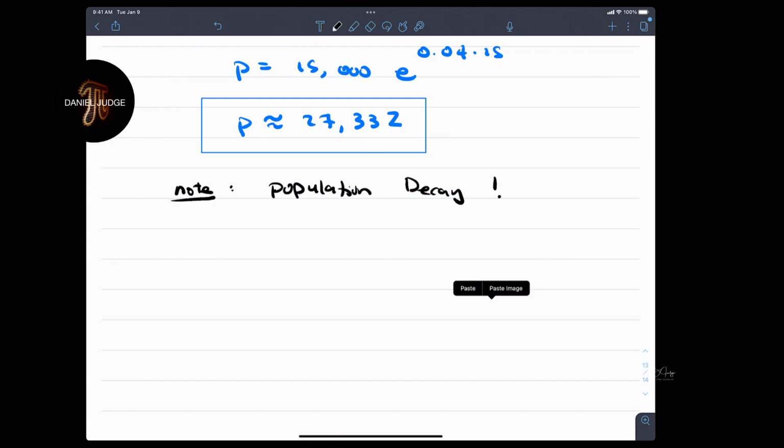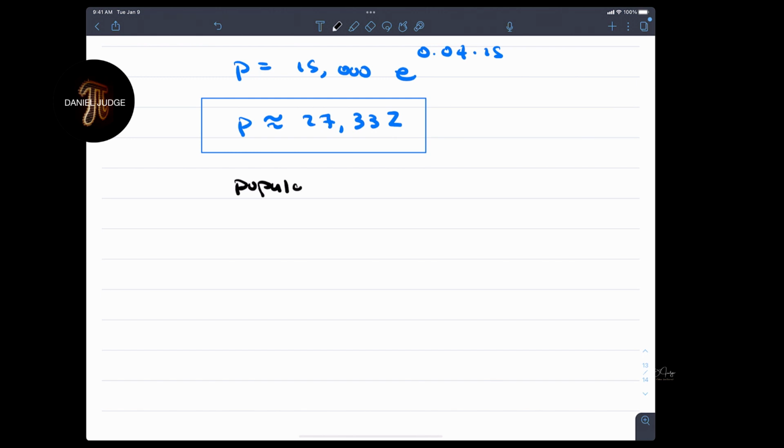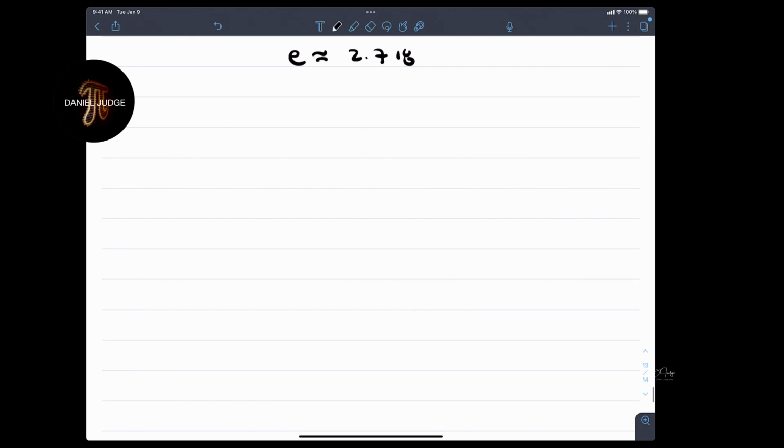But I want to mention something like this. This is the model for population growth, if you want to look at a model here. So I'm going to show you both population growth and population decay. Remember, e is approximately 2.718.